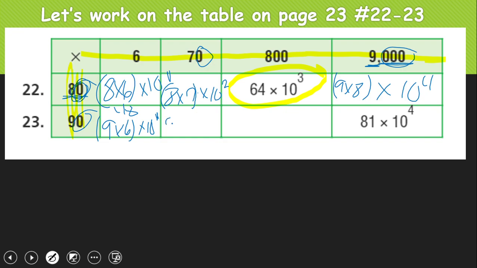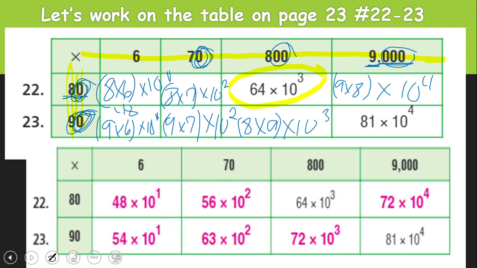Then we have 9 times 7, and because it's 70, you should multiply it by 10 to the power of 2. And then next one we have here is 8 times 9, and here we have 2 zeros, and then over here 1 zero, so it would be times 10 to the power of 3. And here it looks better.